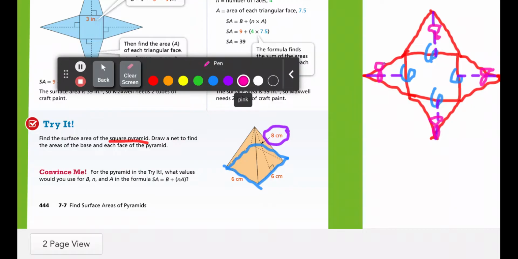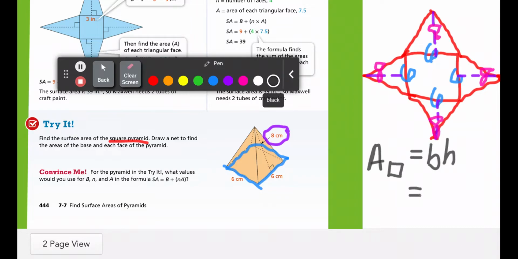So now we are going to be doing some math. We have to find the area of each of these faces. So let's start with the area of the square. Our area formula for a square is base times height. So now I'm going to plug in the numbers that match my base and my height of my square, which is 6 times 6.